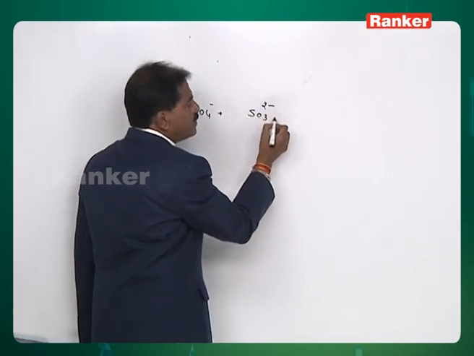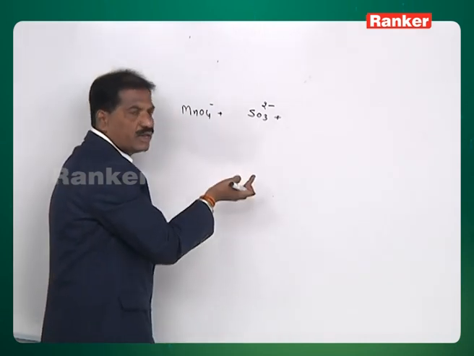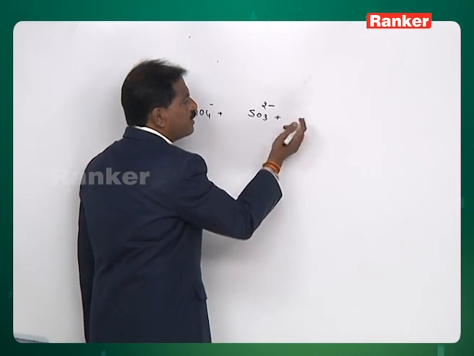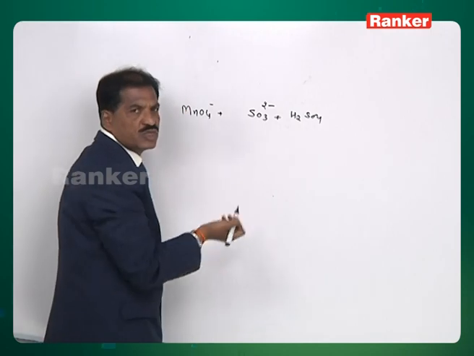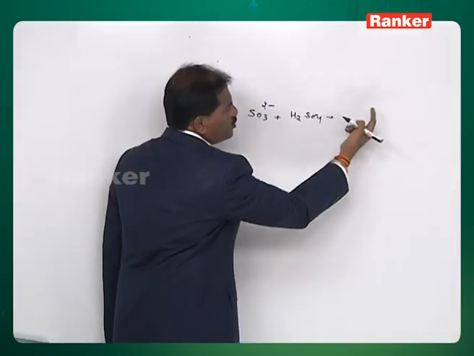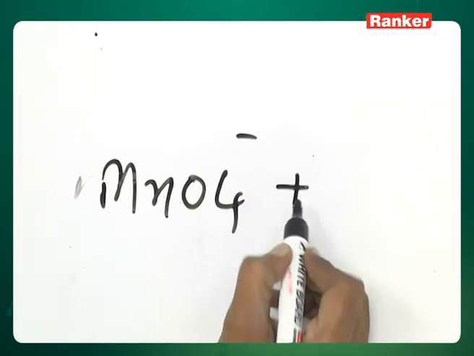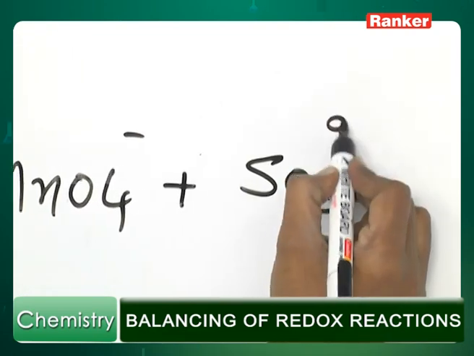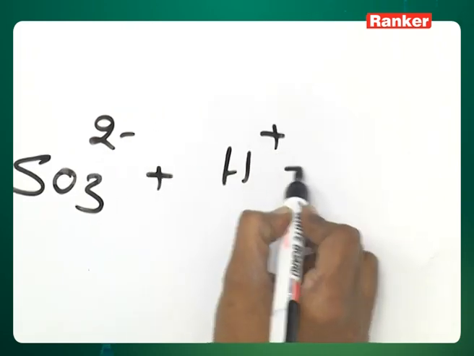Next, this reaction can happen either in acidic medium or in alkaline medium. Therefore, to show the presence of the acid or alkali, we use a particular acid like H2SO4 or some other acid. Then on that side we have to show the products. Now I am representing the redox reaction between MnO4- and SO3 2-. The reaction is taking place in acidic medium.